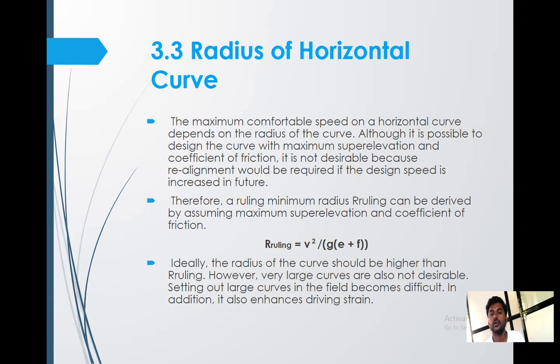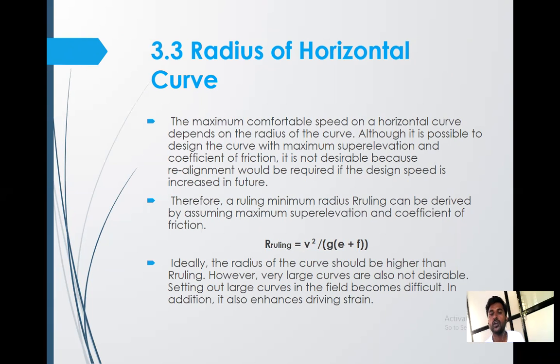Okay. We can provide whatever comfort of the vehicle that we require. We can provide that comfort by providing the super elevation, maximum super elevation, as well as providing the maximum coefficient of friction, lateral friction.